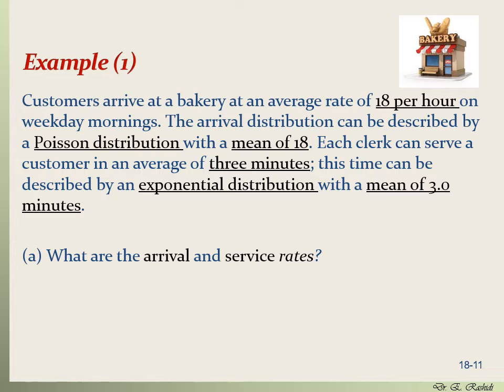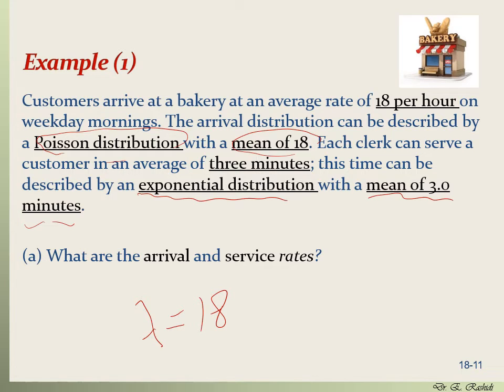To find lambda and mu, lambda is the arrival rate. The problem says that the arrival distribution is a Poisson distribution with an average of 18. So lambda is 18. On the other hand, for the service rate or service time, it says that it follows an exponential distribution with an average of 3 minutes.